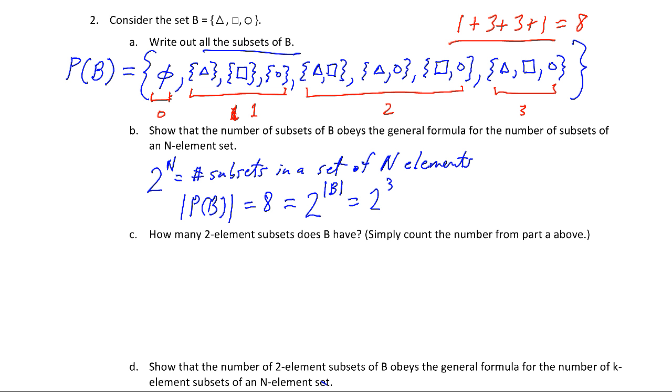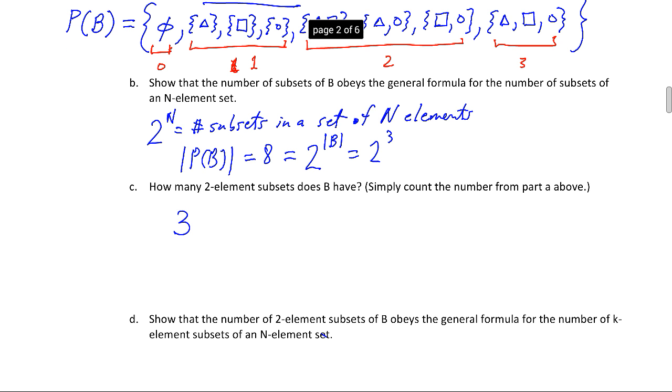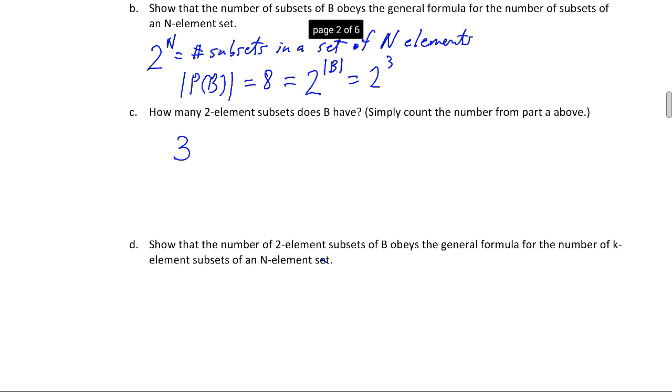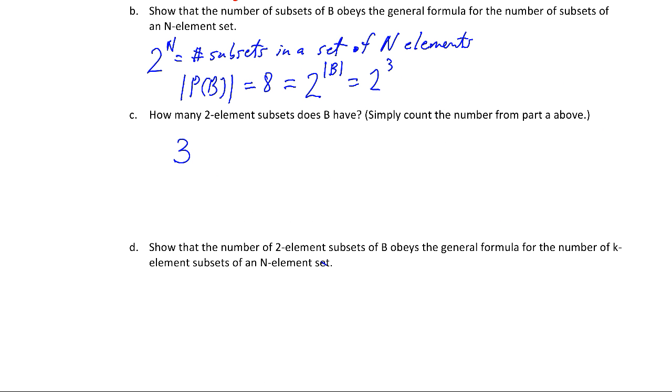How many 2-element subsets does B have? It has 3 of them. The next part says to simply count the number from part A above, and show that the number of 2-element subsets of B obeys the general formula for the number of k-element subsets of an n-element set. The number of subsets from an n-element set is given by the number of combinations, the C(n,k). These are the ones that don't include order, and when we're talking about subsets, order is not included.